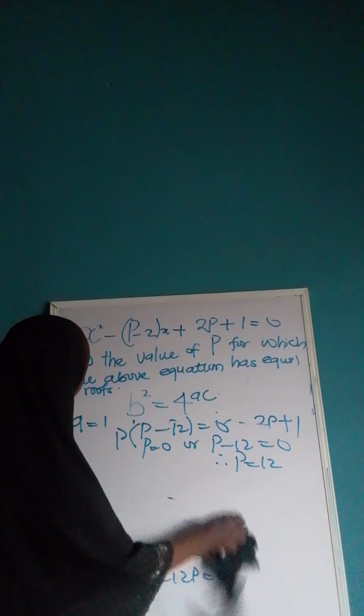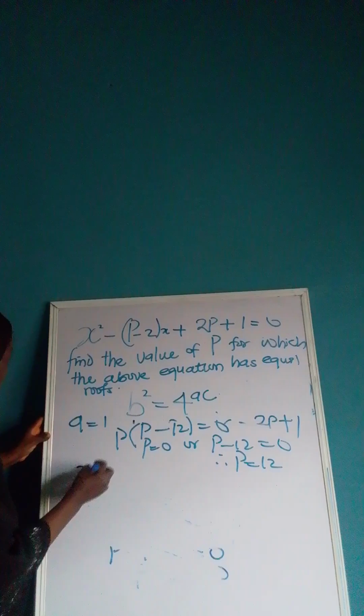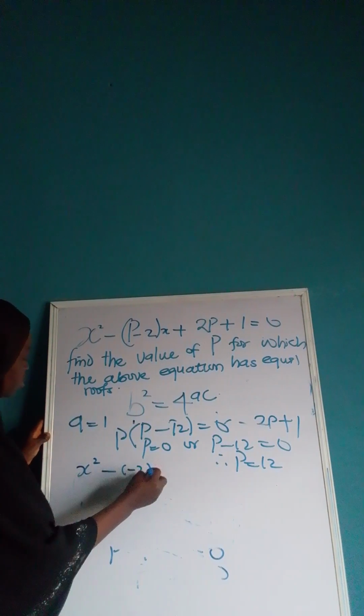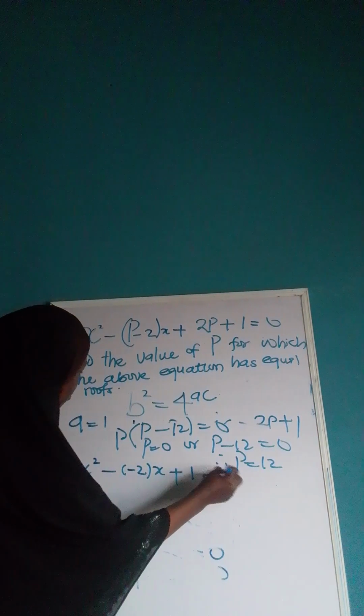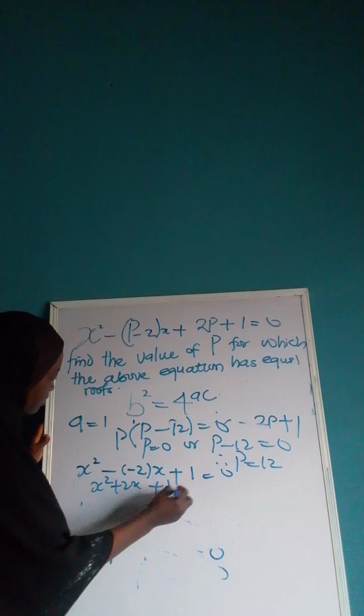When p is equal to 0, our equation will be x squared minus (0 minus 2)x plus 1 equals 0, so the equation is x squared plus 2x plus 1 equals 0.